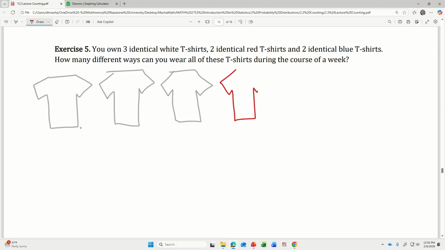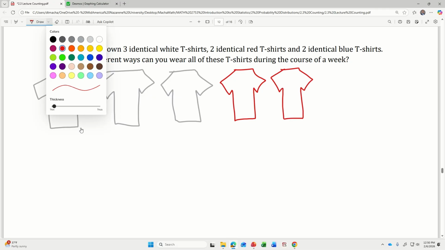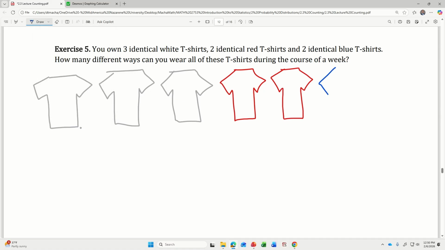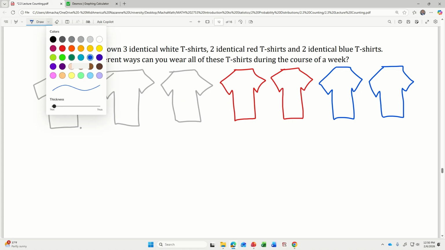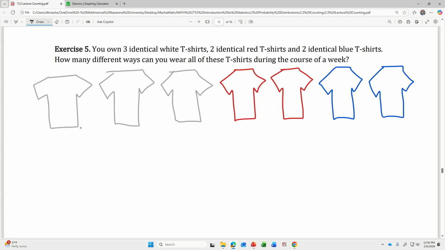Meaning that you can't tell your red t-shirts apart, you can't tell your blue t-shirts apart, and you can't tell your white t-shirts apart. For a total of 7, imagine that you only wear exactly 1 t-shirt per day. And the question is asking, how many different ways can you wear all of these t-shirts during the course of a week?